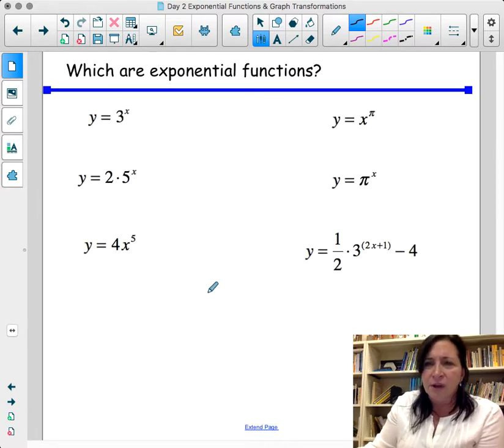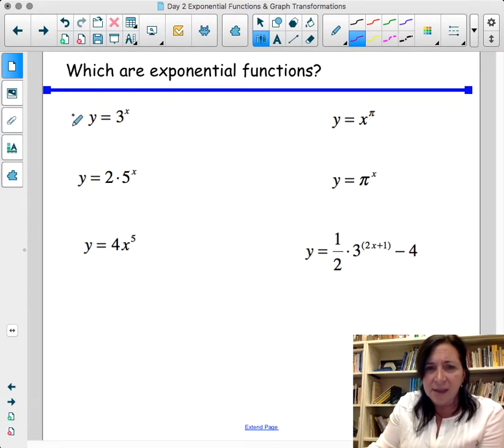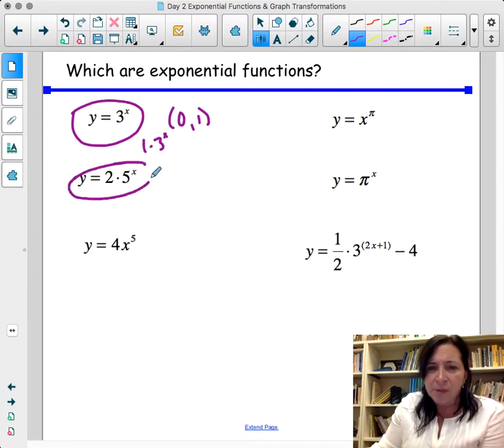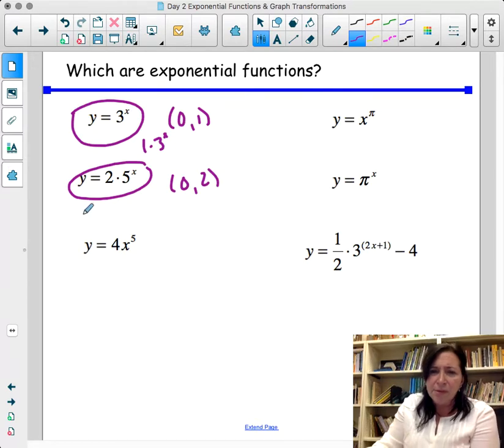So ask yourself, which ones of these are actual exponential functions? Again, it's anything that has a variable as your exponent. So that would be a yes. And remember, my y-intercept would be (0, 1), based on the 1 in front of the 3, like this, 1 times 3 to the x power. For this one, this also would be exponential. And again, my y-intercept would be (0, 2), because remember, that value right here is my a value.